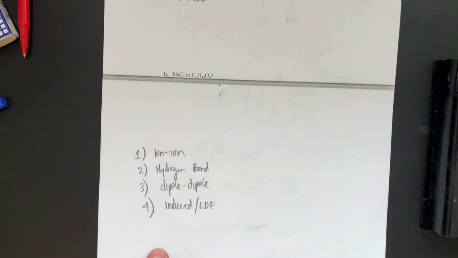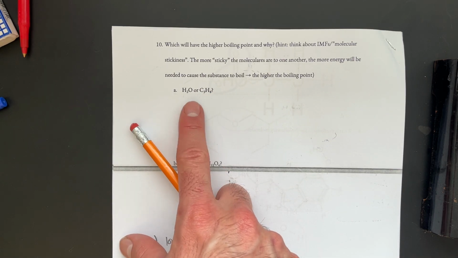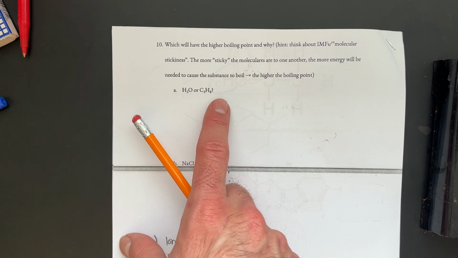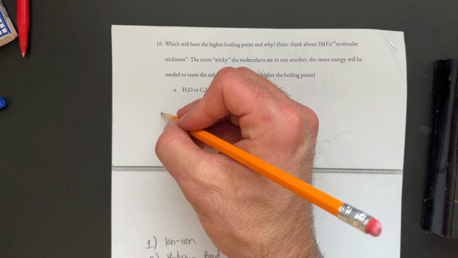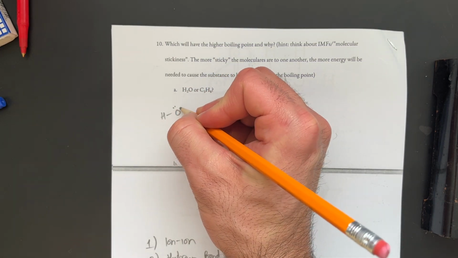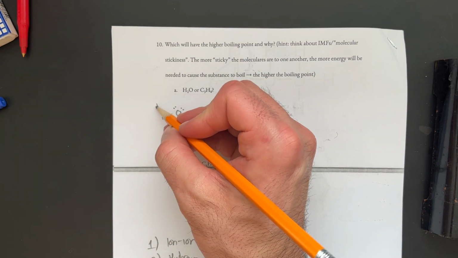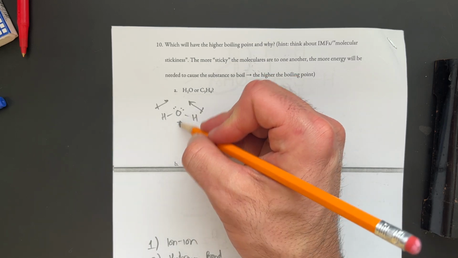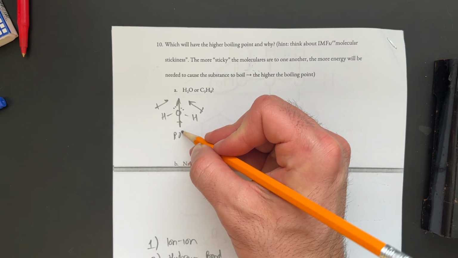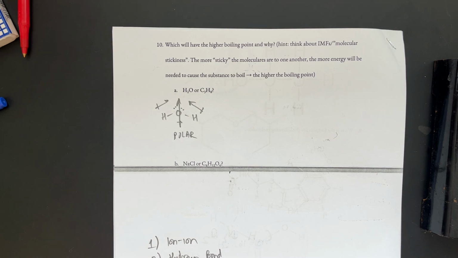But anyways, all that to say, let's take a look here and say what type of IMF each of them has. So H2O looks like this. And there is that big electronegativity difference, as we know. And so there's pulling, and then there's overall net pull, and so it is polar. But not only is it polar, remember my phone joke today, right?